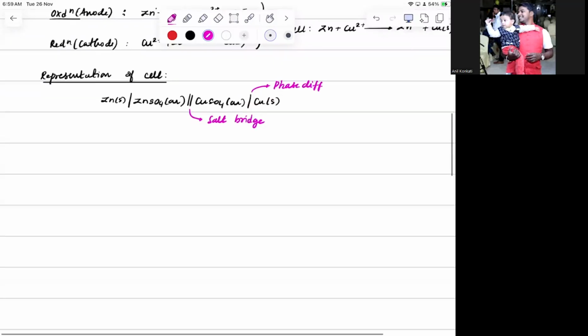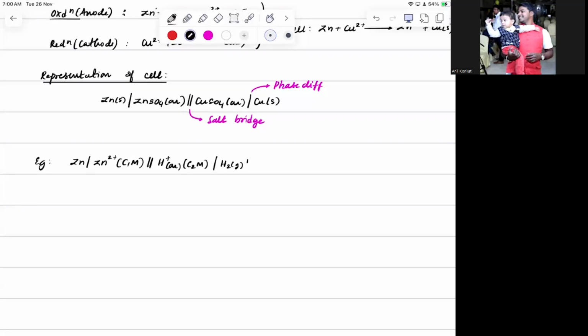Okay. For example, if I show it this way, zinc is getting converted to Zn2+ of C1 molar concentration. And then I have H+ aqueous of C2 molar concentration, which is converting into H2 gas, which is present at platinum. Another important thing is platinum here is an inert electrode.